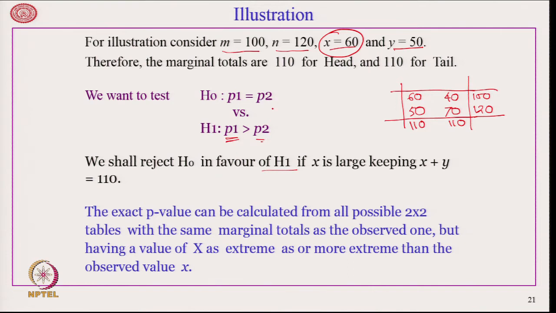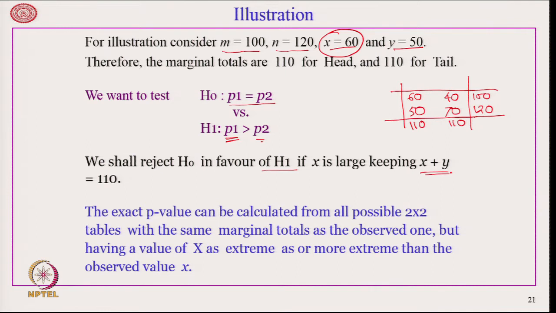Therefore, we are testing the equality of the proportions against the alternative hypothesis that P1 is greater than P2, such that x plus y is equal to 110. Therefore, the exact p value can be calculated from all possible 2 cross 2 tables with the same marginal totals as the observed one, but having a value of x as extreme as or more than the observed value of x.